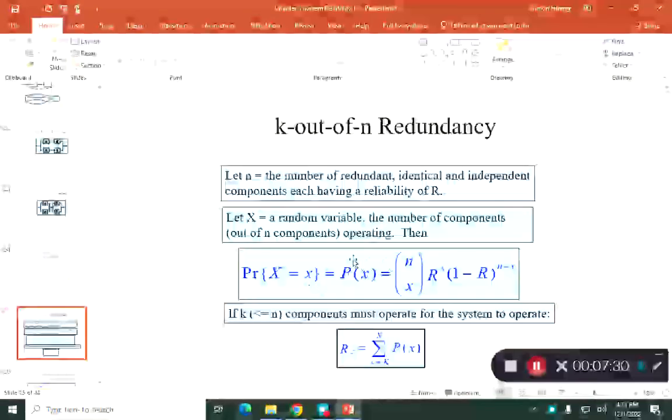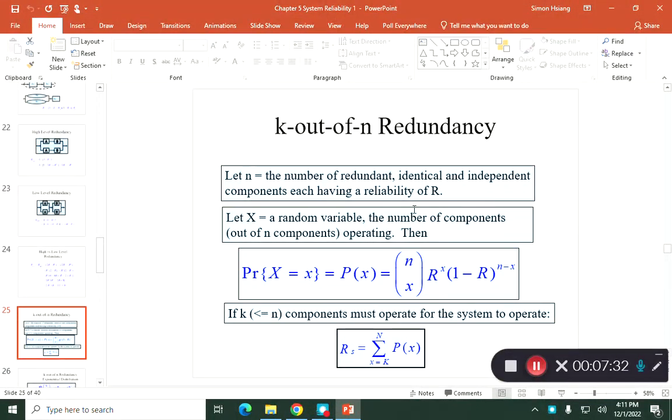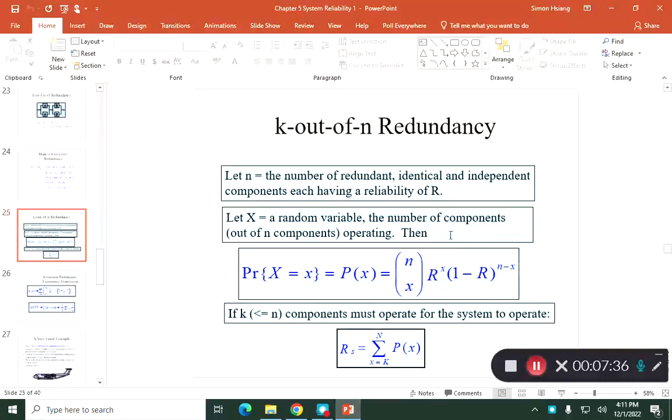So if you have n number of redundancy and take x, you have a combinatoric. You pick x out of n, and this is the probability of the system reliability based on each one of the possible combinations. So you sum them up together.